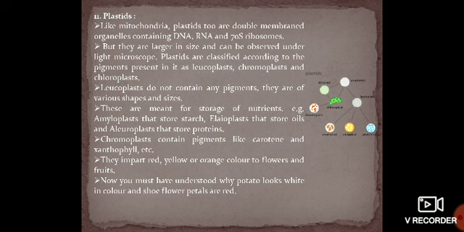Next organelle is plastid. This is a distinguishing organelle for plant and animal cells because plastids are usually found in plant cells. Like mitochondria, plastids are also double membrane, and they also contain their own DNA, RNA, and ribosomes.